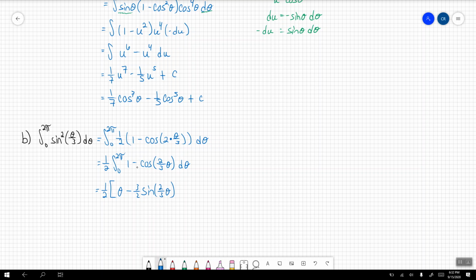Since the coefficient in the integrand is a 1, when we're subtracting that cosine, we need to make sure that we counteract that whenever we integrate it. So once we have this, we then evaluate from 0 to 2 pi.